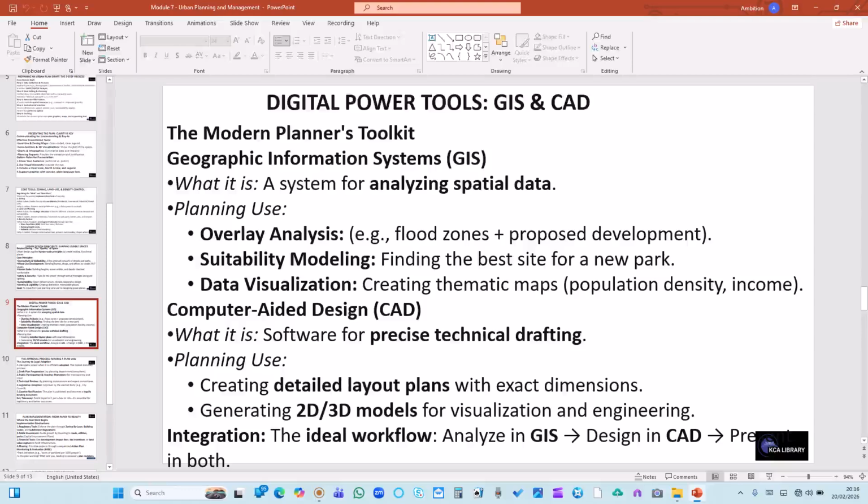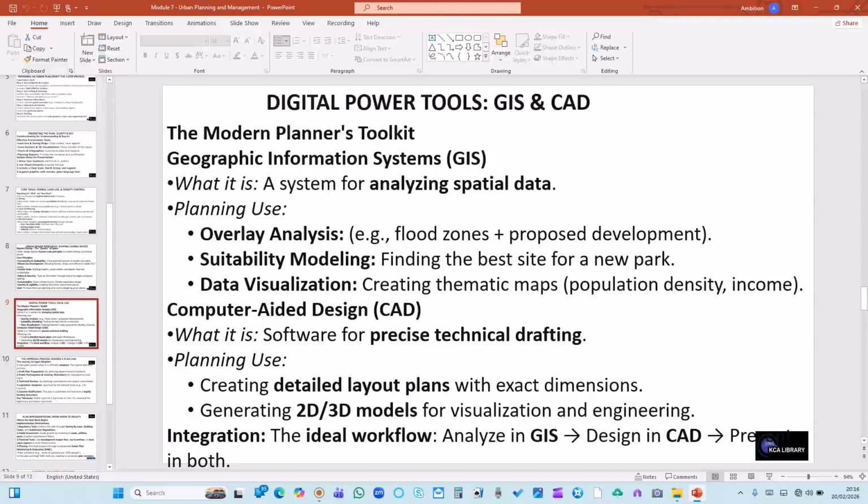It's also used for suitability modeling, which entails finding the best site for a new park. It's also used for data visualization, which entails creating thematic maps of population density and income. Then computer-aided design, which is CAD, is software for precise technical drafting.